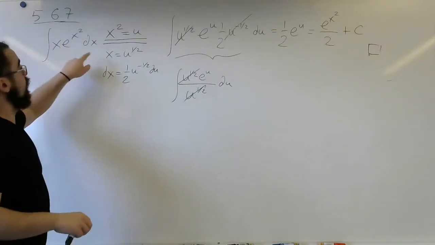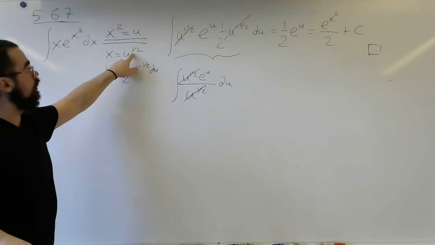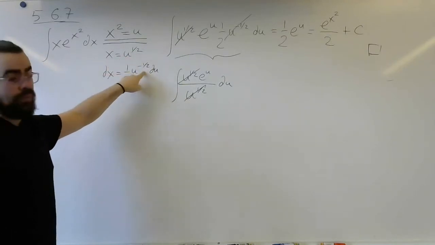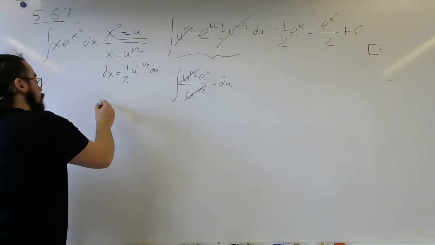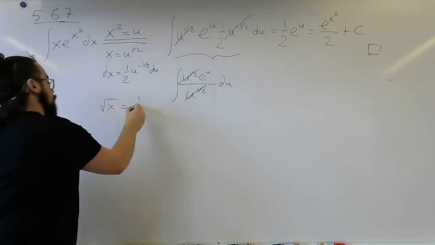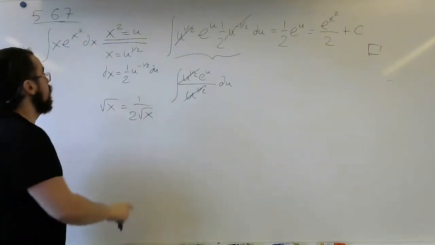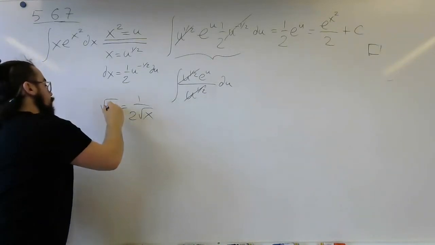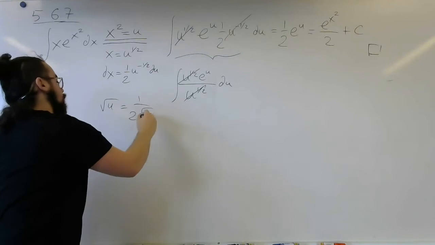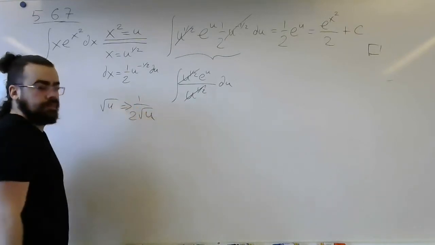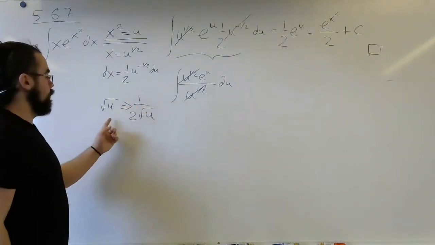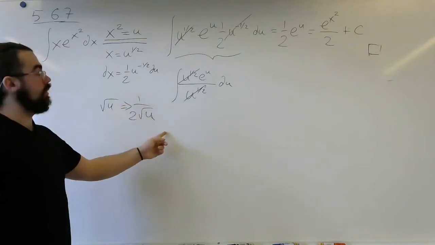Precisely. When you derive the square root, the result is 1 over the square root. If you want to see it more visually, this is what happens here. The square root becomes 1 over 2 square root, so it's dividing.